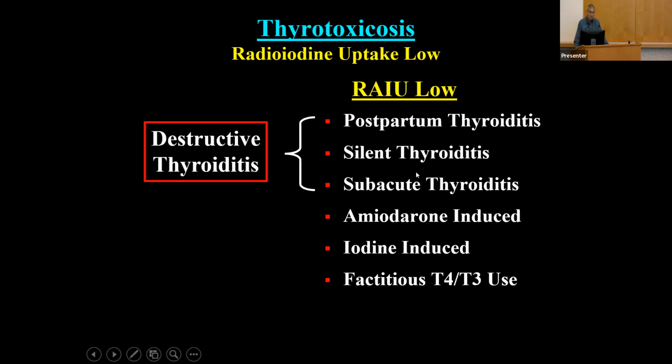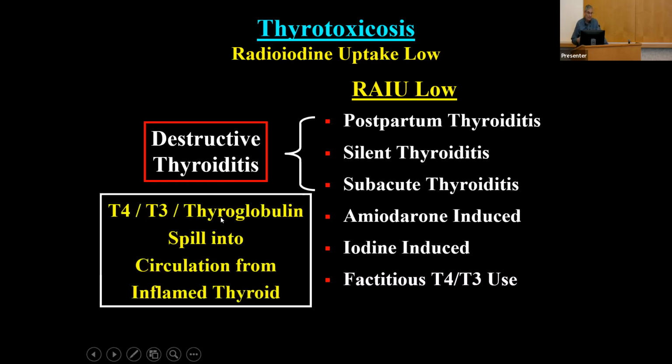Now, these three types are collectively called destructive thyroiditis because the gland is inflamed. The thyroid actually stores about 1 to 3 months worth of thyroid hormone in its follicles. So when the gland becomes inflamed and starts spilling out, T4, T3, and thyroglobulin, their precursor, all spill into the circulation from the inflamed gland.